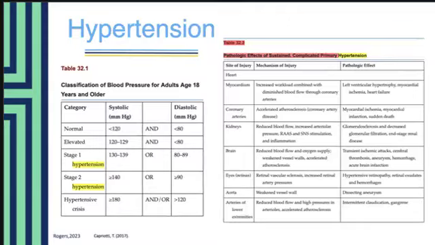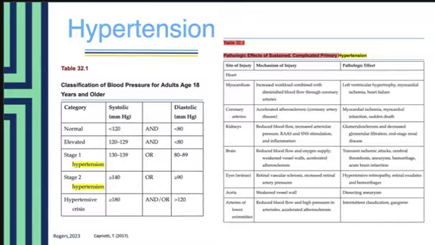32.1 shows the classification of blood pressure for adults, and 32.2 breaks down the pathologic effects of sustained complicated primary hypertension. So hypertension can be classified into two different types: primary essential hypertension and secondary hypertension.